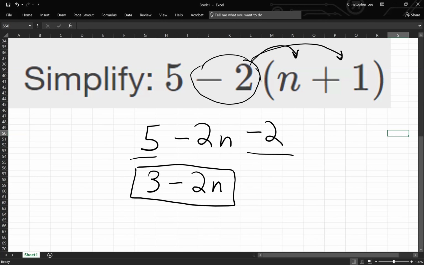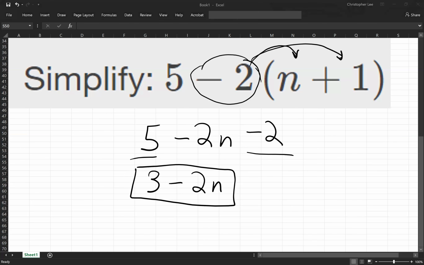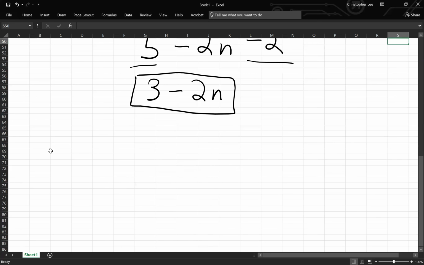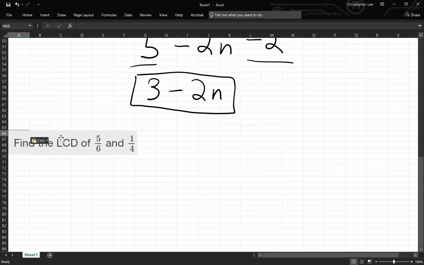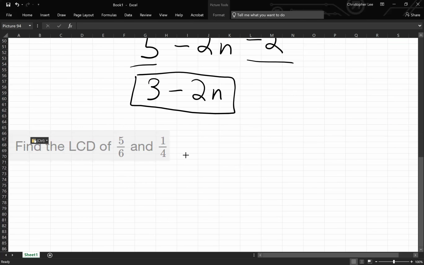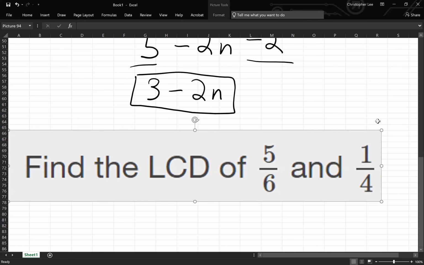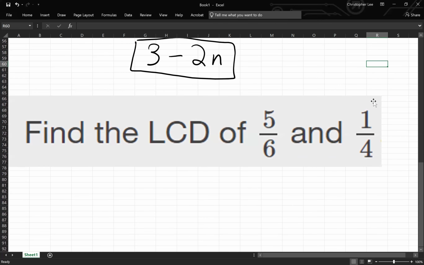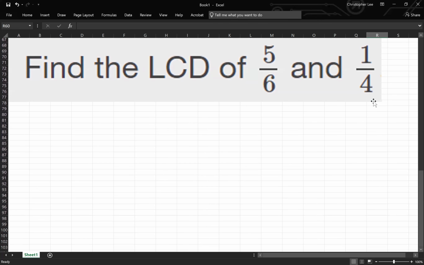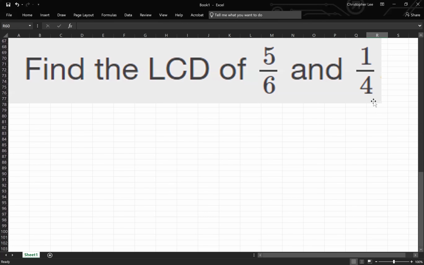Let me get one little blast from the past and then we'll keep it moving. So over here, I want to find the LCD of 5/6 and 1/4, right? Remember we did that yesterday? So what would be the LCD of this, the least common denominator of these two fractions?